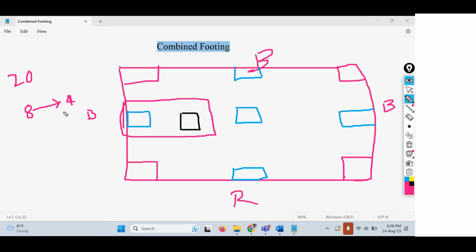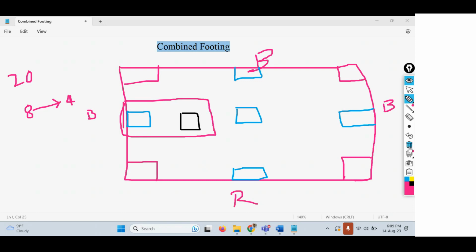That's one scenario. The second scenario is when one of the columns is close to the boundary line and the other column is very close to that boundary line column. In such cases also, we have to provide combined footings. These are the only two scenarios where we use combined footings.